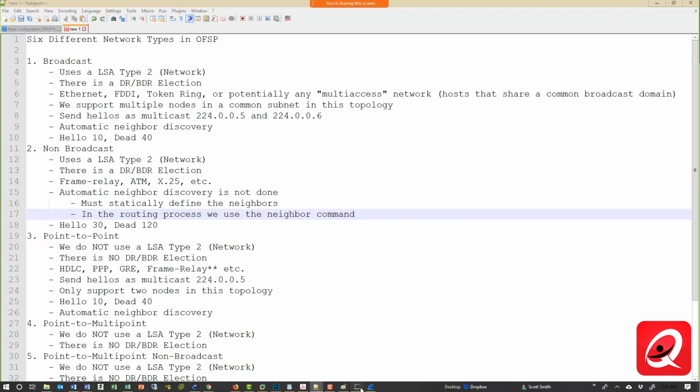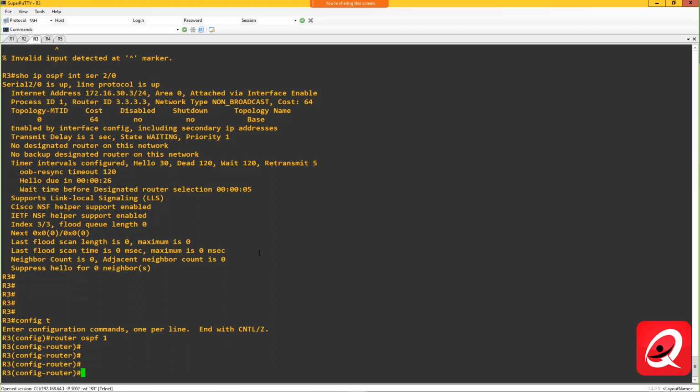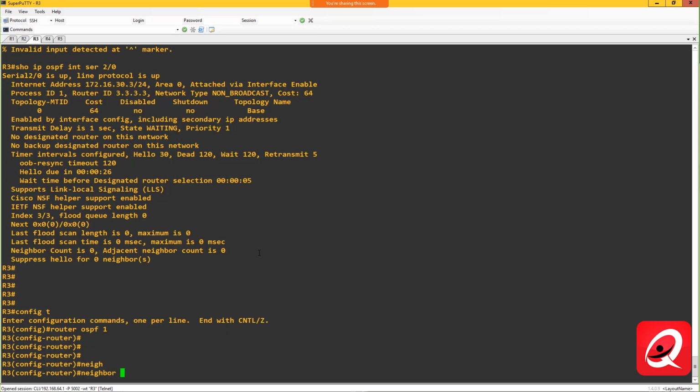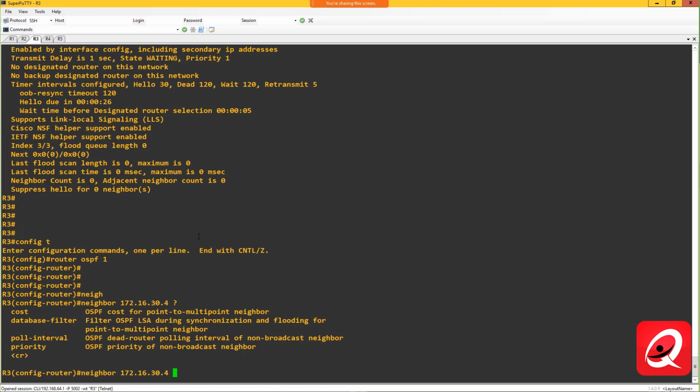All right. Now here's another interesting concept of that. I'm in the process. I'm going to go ahead and use neighbor 172.16.30.4, and then I can specify, if I want to, the cost of the link for that neighbor. Why would this be particularly important with Frame Relay?